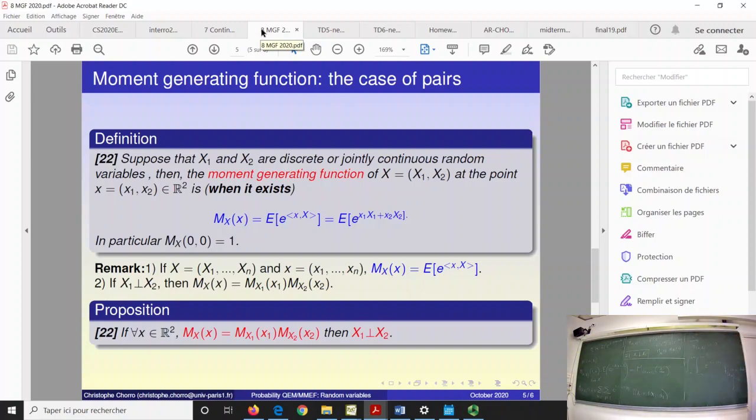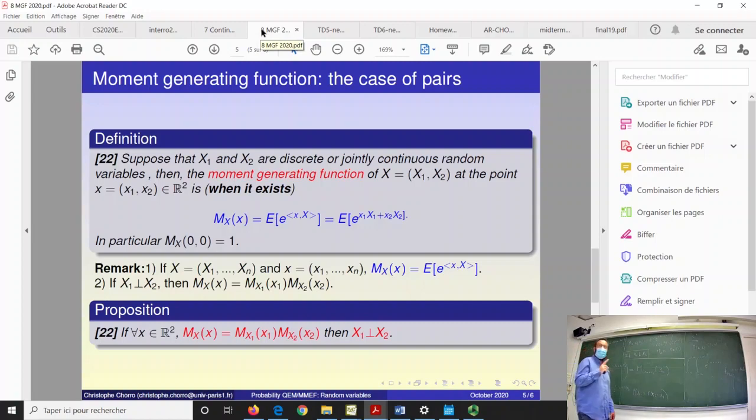Okay? And typically, we will see that after the holidays, if I take X1, X2, so this pair that is, let's say, a Gaussian vector, I haven't given the definition for the moment, whatever, that is the natural extension of what is a Gaussian in dimension 2. And we will prove with this nice property here that if I have a Gaussian vector, the components are independent if and only if the covariance is 0.